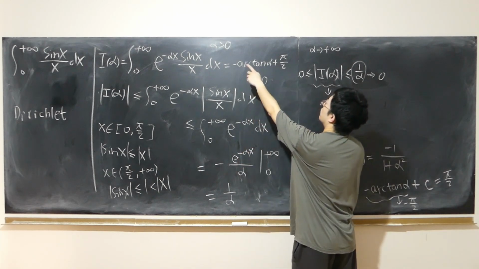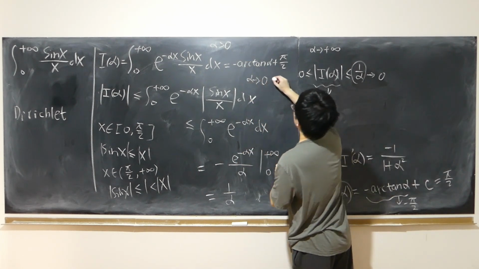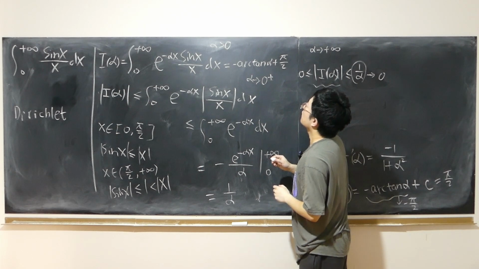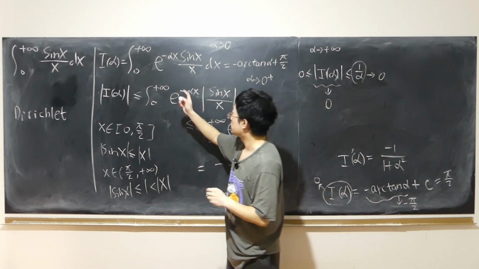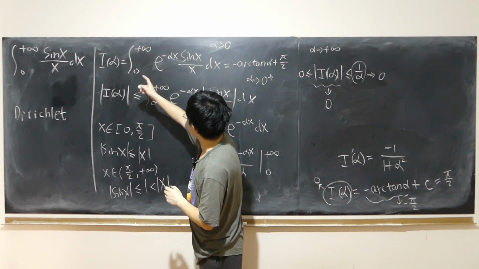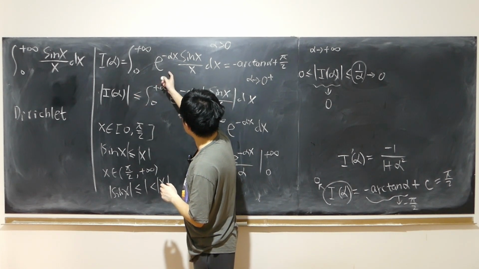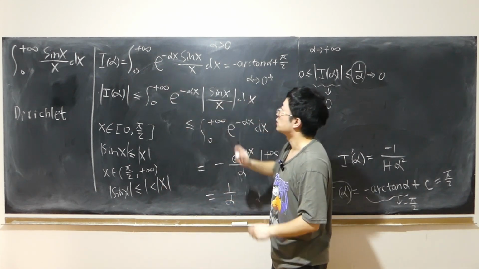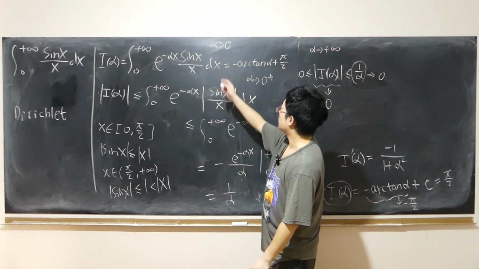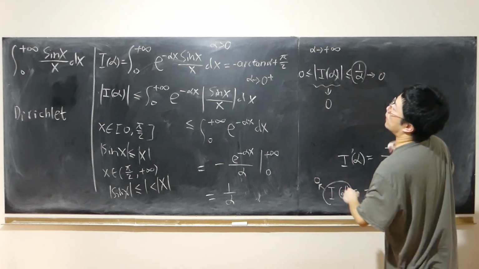Of course, alpha is greater than 0, so we approach 0 from the right-hand side. So it's also legal for us to let alpha approach inside the integral. I'll make a video explaining why it's legal in the future, but for now, let's just accept it as a fact.